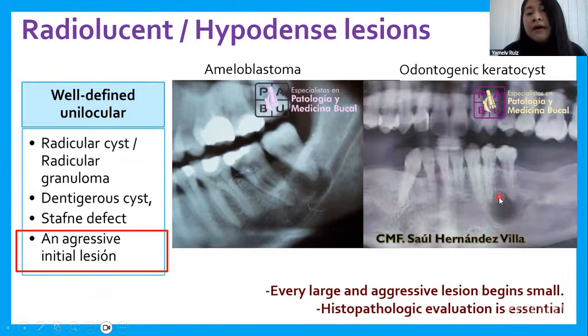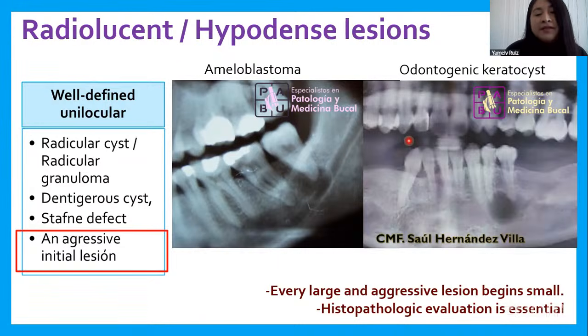So, as with the last image, you can think that maybe it's an inflammatory entity like radicular cyst or radicular granuloma. However, the teeth are vital. So every large and aggressive lesion begins small. That is very important to remember.